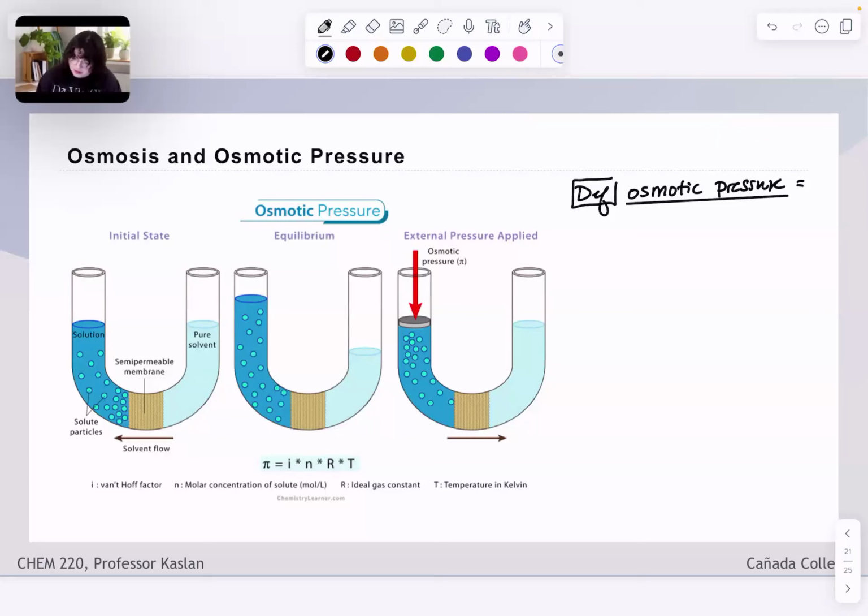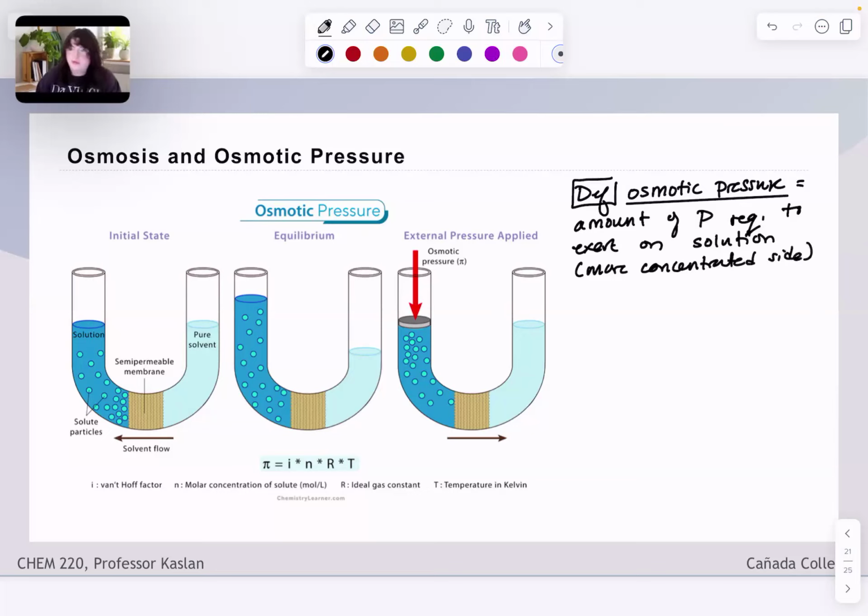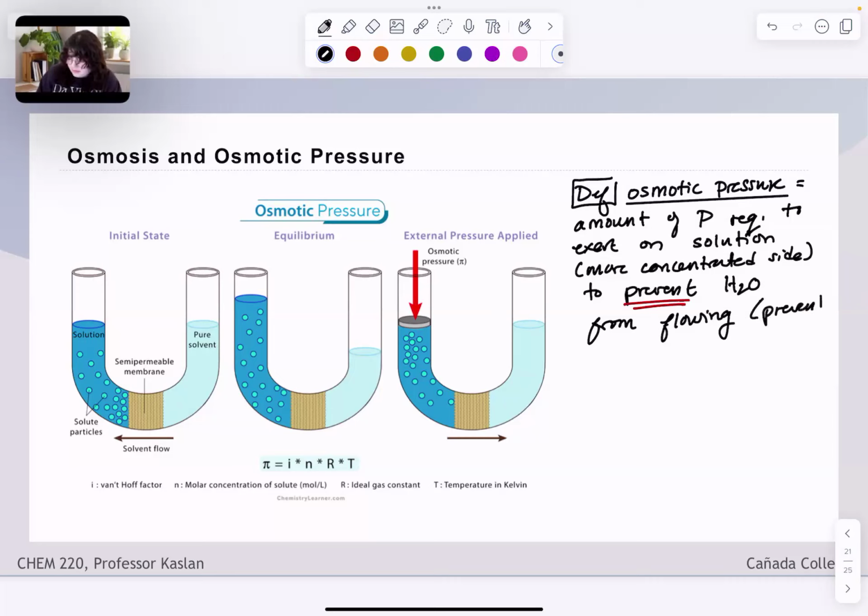And osmotic pressure is the amount of pressure required to exert on the solution, meaning the more concentrated side of the membrane, to prevent water from flowing naturally, aka prevent osmosis.